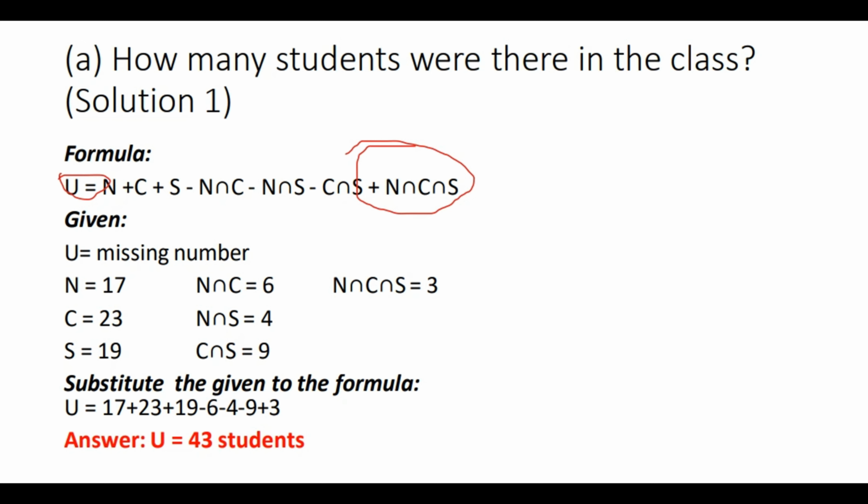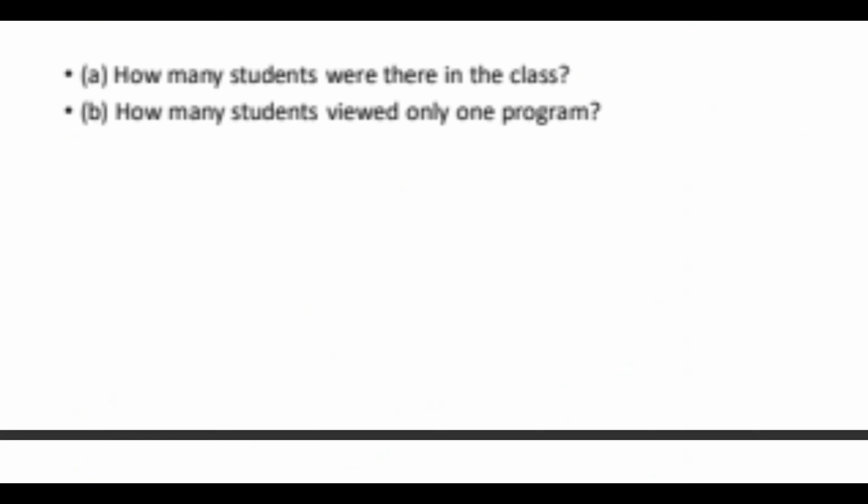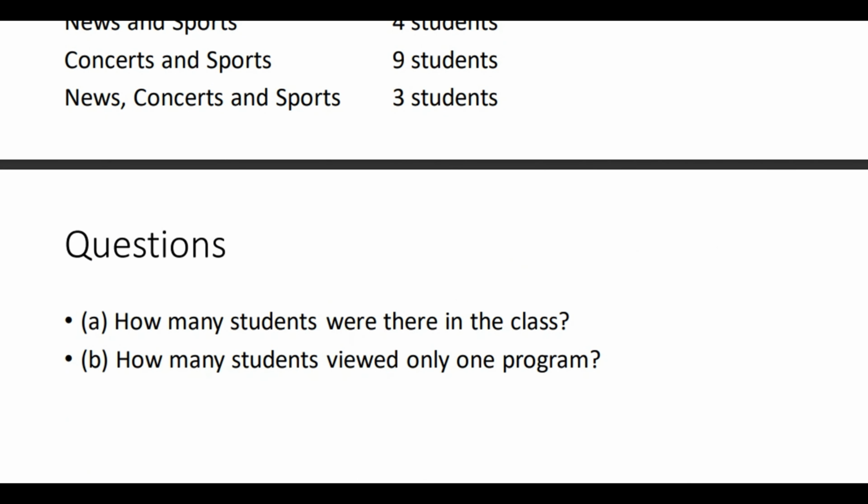So we just substitute the given into the formula. 17 plus 23 plus 19 minus 6 minus 4 minus 9 plus 3, giving us a total of 43 students. So that will be our answer for how many students were there in the class.